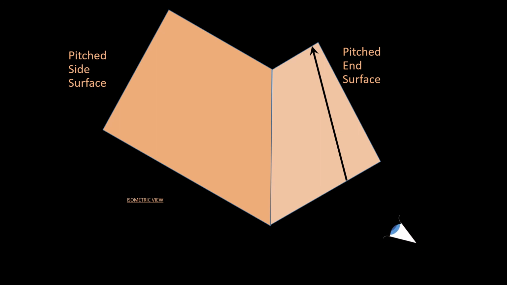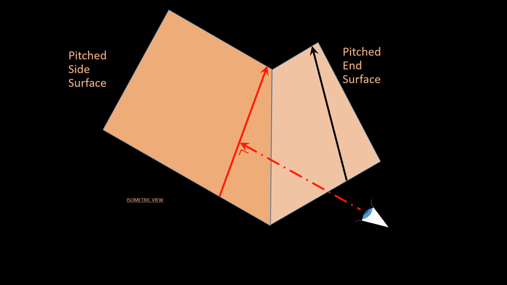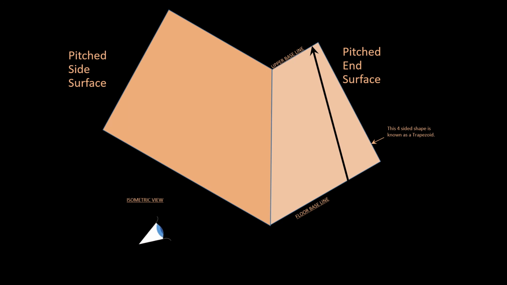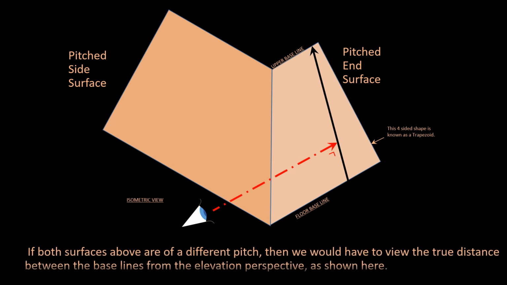On the other hand, here is an animation to illustrate that our viewpoint is seeing the true length of the red line, as it's viewed square on from the in view. Should it be the case that both surfaces are of a different pitch, then we would have to view the true distance between the baselines from the elevation perspective as shown here.